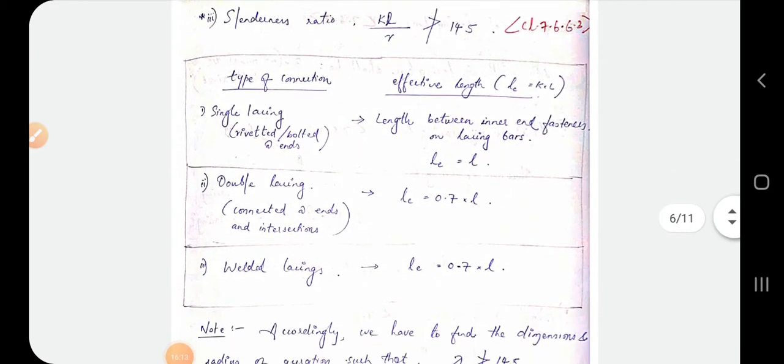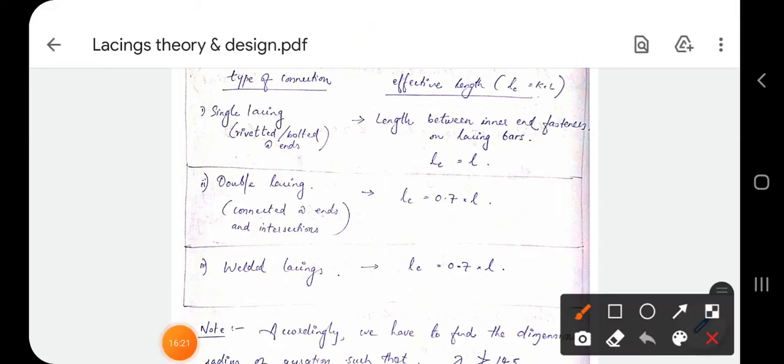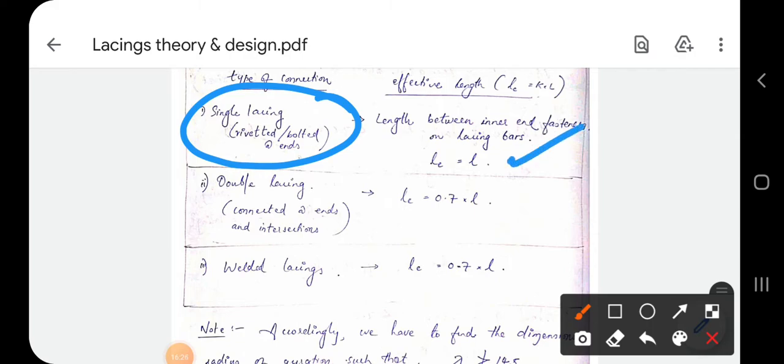So the coefficient value will depend upon the type of connection. Here, for a single lacing system, if it is bolted or riveted, then the effective length is equal to the length of that lacing bar itself.